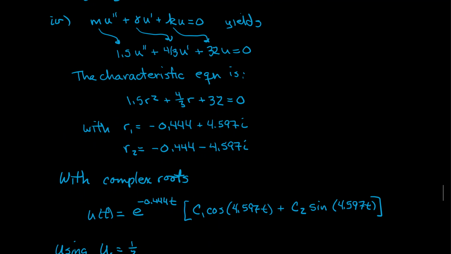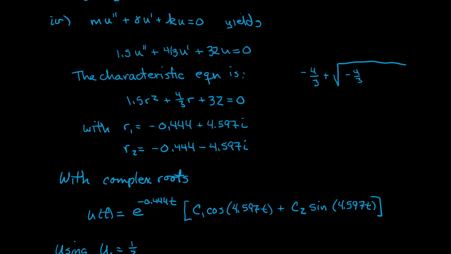All right, so this gives us now a homogeneous equation that we can convert to a characteristic equation. 1.5 r squared plus 4/3 r plus 32 equals 0. When we substitute these values into the quadratic equation, okay, we're going to have the negative 4/3 plus or minus the square root of a 4/3.